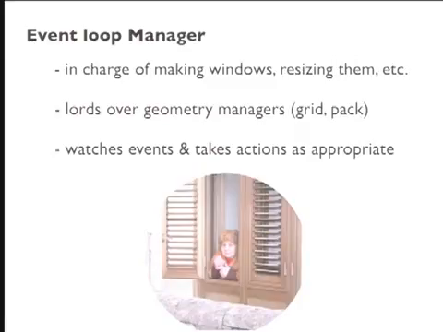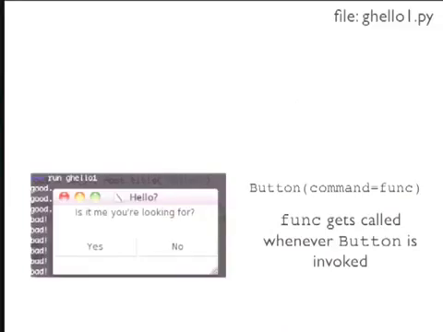And it's like this old lady looking outside of her window and yelling at the crazy kids downstairs when they're doing stuff they shouldn't be doing. It watches events and takes actions as appropriate. Perhaps calls the police or throws her water bottle at them. So we'll do another one which is similar. Instead of just doing labels, we'll also create some buttons, and we'll set actions to those buttons.